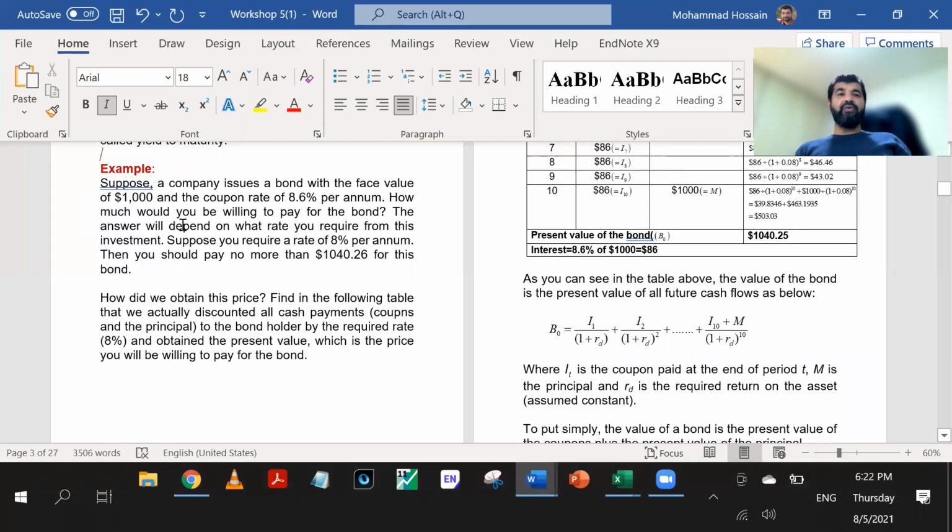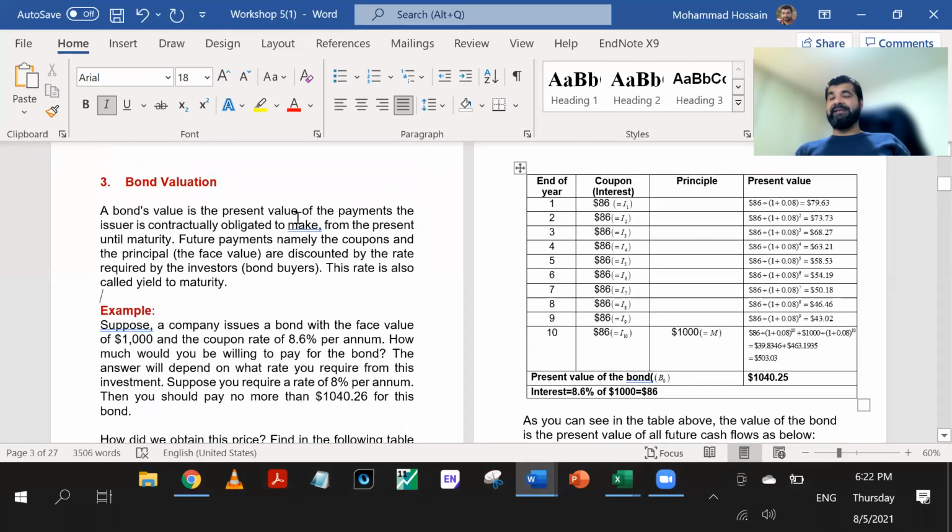How much would you be willing to pay for the bond? The answer will depend on what you require from the investment. Suppose you require 8% per annum. Let's have a look at what they mean by these things. How does it work actually? The coupon interest, principal, present value. These things are coming up, so we need to clarify them first. Then I can go quickly and you can understand it quickly.